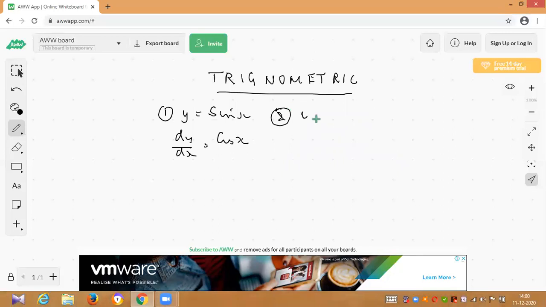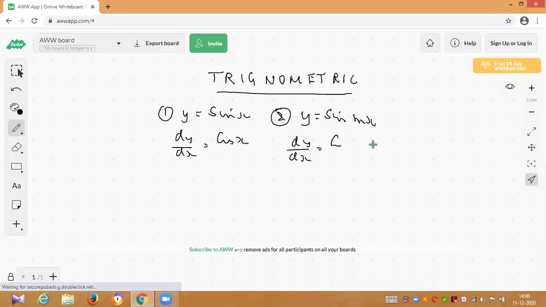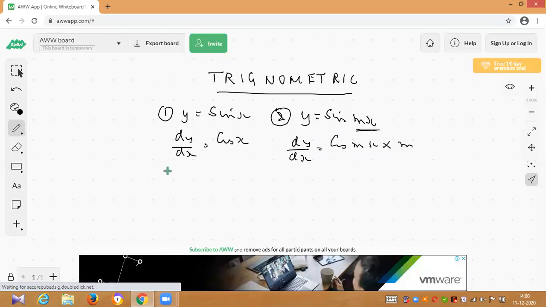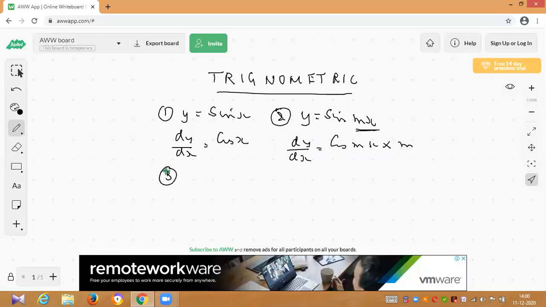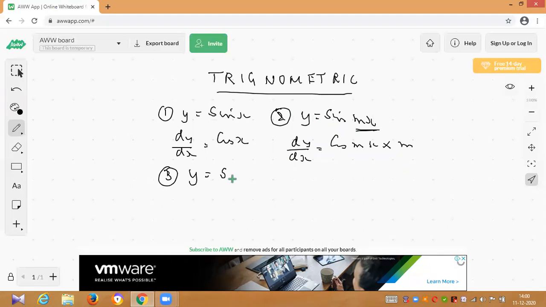If y is equal to sine mx, then the derivative of the function becomes cos mx into the differentiation of mx, which is m. Now, the third very important form, which is most commonly asked and students find a lot of difficulty in solving, is suppose it is sine to the power n of x.